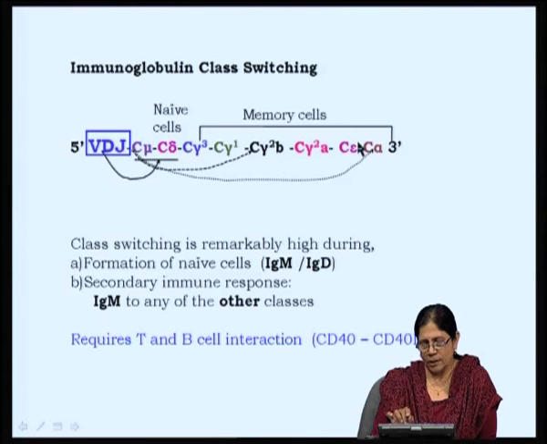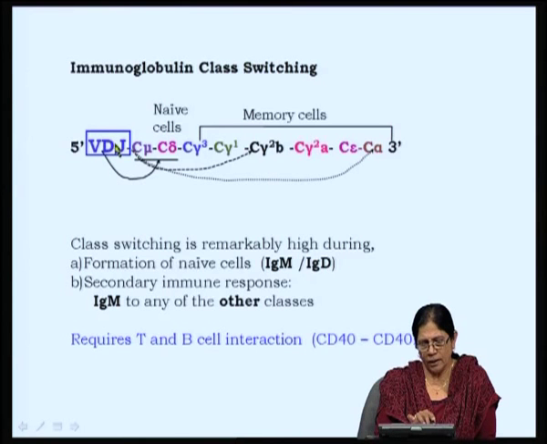Now, I would just like to remind you again that in humans gamma is gamma 1, 2, 3, 4, whereas in mice it is 1, 2a, 2b and 3. Now, when naive cells are being generated, you have the recombination event taking place in the heavy and the light chain, and you already have the VDJ or VJ combined.